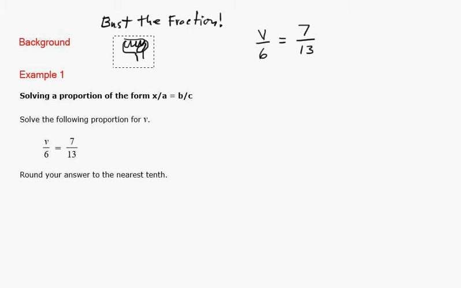I say that so that whenever you see stuff like this, just say to yourself, I want to get rid of the fractions, because the fractions are the part that probably concern you the most. The way to get rid of a fraction is to put a 6 right here. Then the 6's cancel because we're taking advantage of the fact that 6 over 6 equals 1.